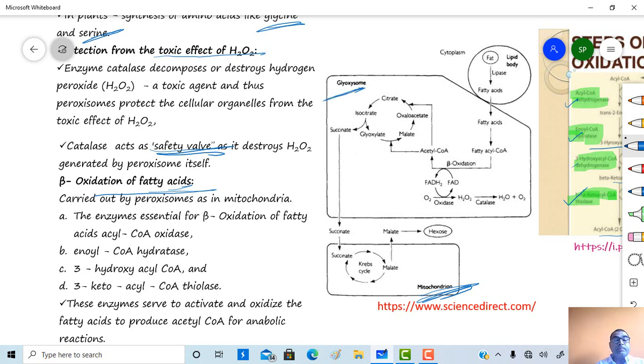Enzymes essential for beta oxidation of fatty acids include acyl coenzyme A oxidase, enoyl coenzyme A oxidase, 3-hydroxyacyl coenzyme A dehydrogenase, and 3-ketoacyl coenzyme A thiolase.